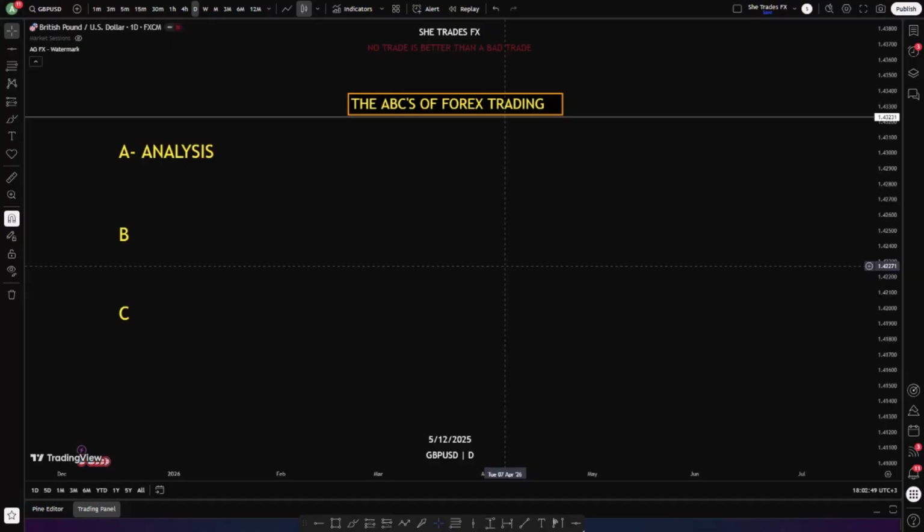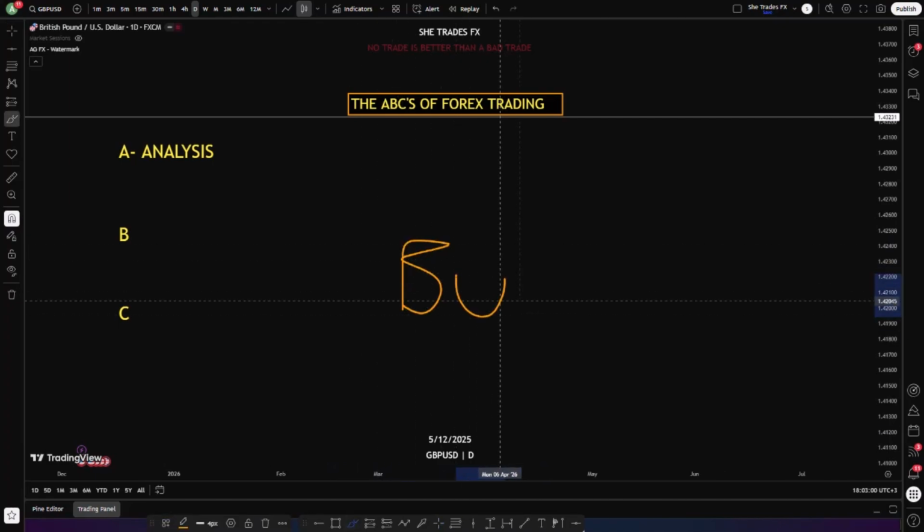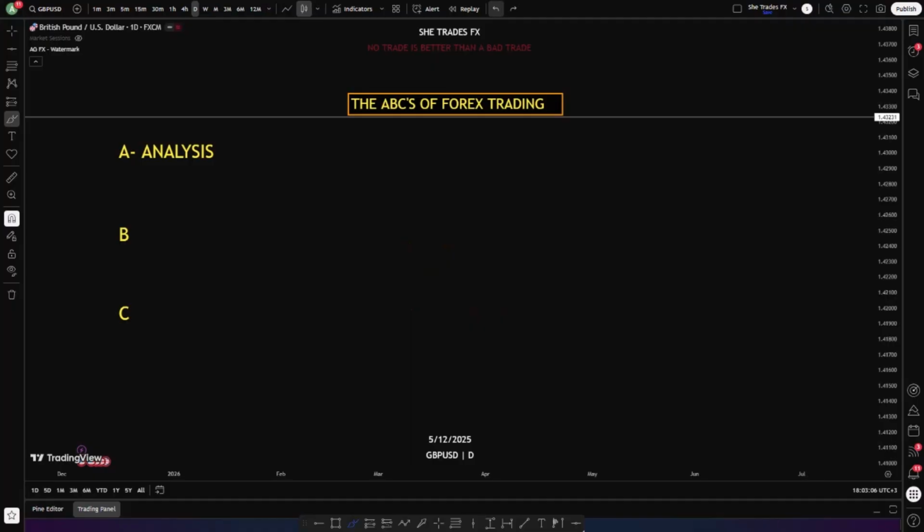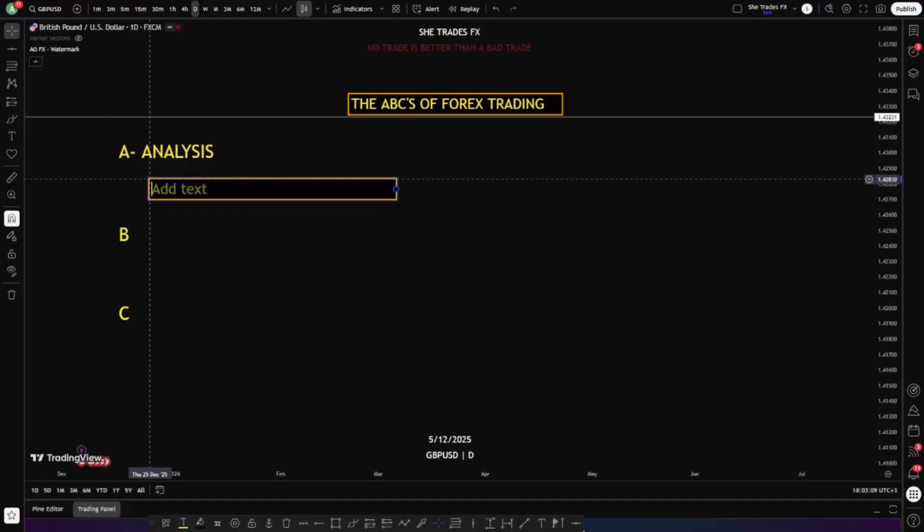You can analyze the charts, you can analyze the economies. There's a lot of analysis that you can do that will help you conclude on whether you're going to buy or sell. So let's first look at the types of analysis that we have.